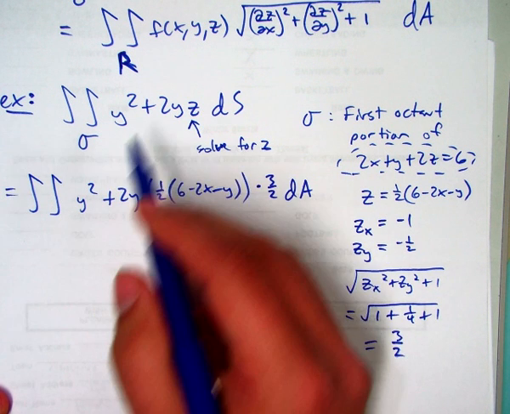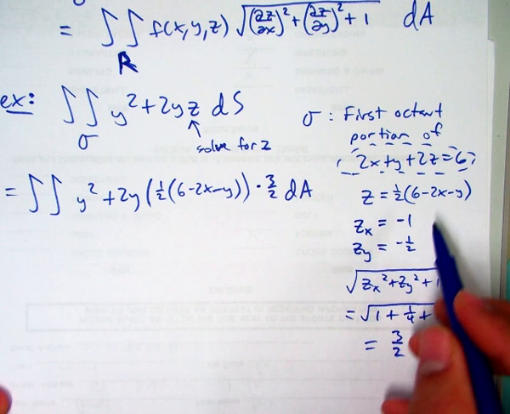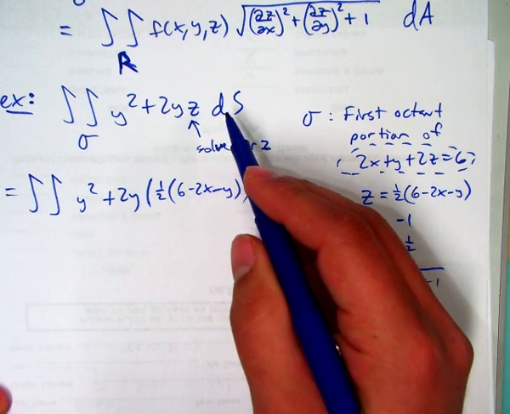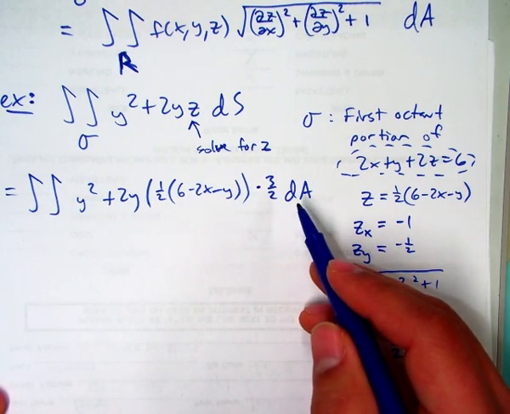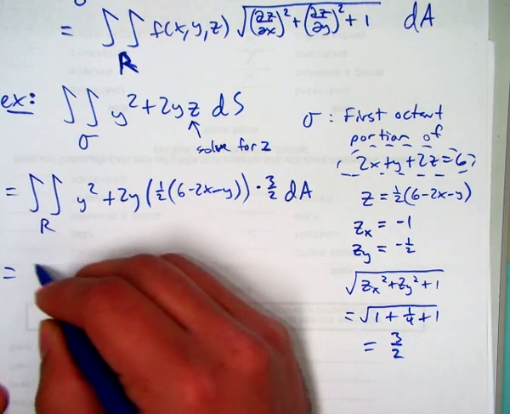I'm just replacing z with what z is equal to. dS becomes the square root of all that stuff, which we figured out was 3/2, and then we still have the dA here. All right, so let's clean this up and set up our bounds.